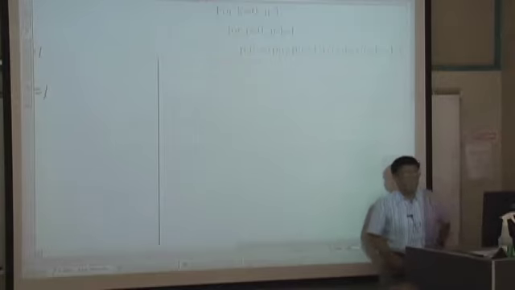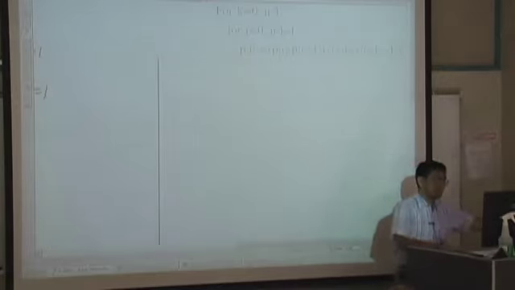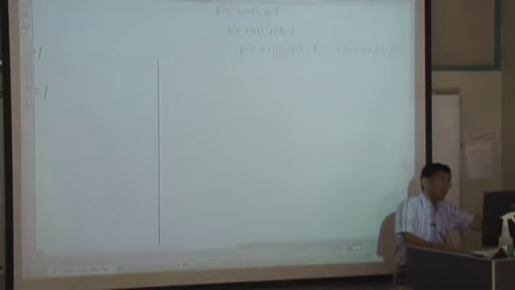So let's do it. We should use one-based index. So the x0 point is not the x0 point anymore. It should be the x1 point, right? So instead of x0 to xn, we should use x1 to xn plus 1, right?